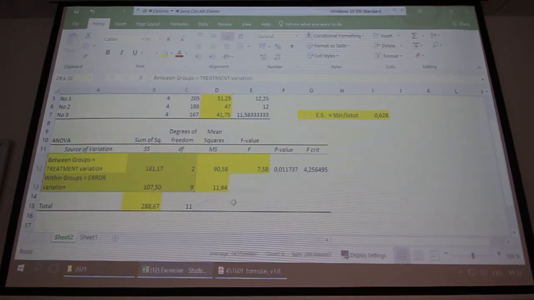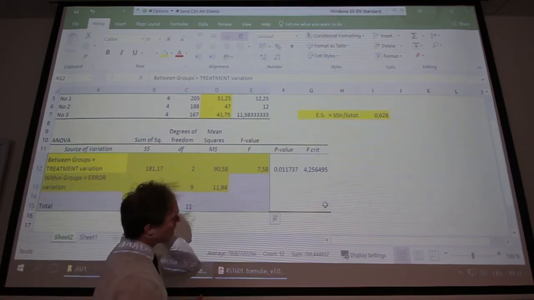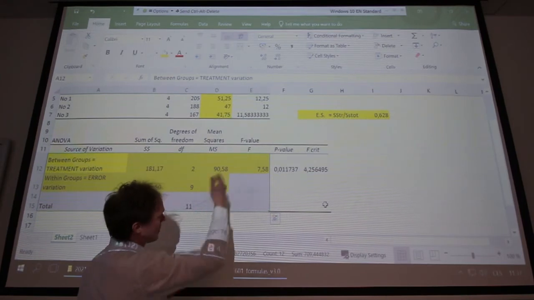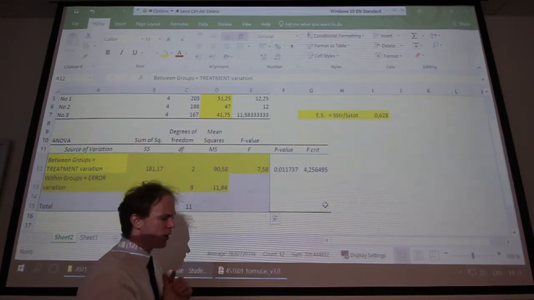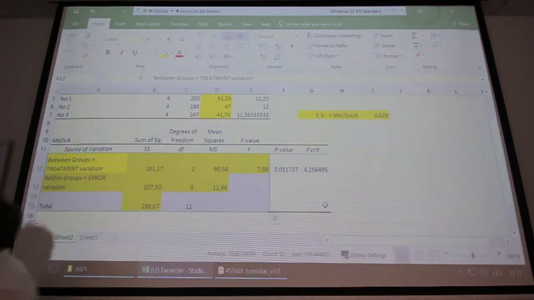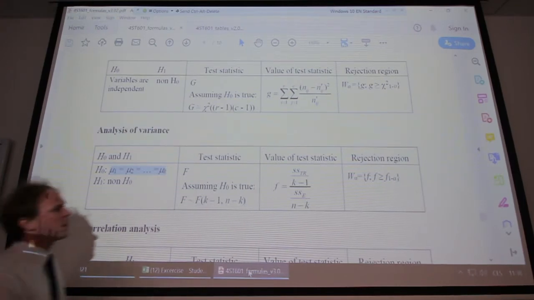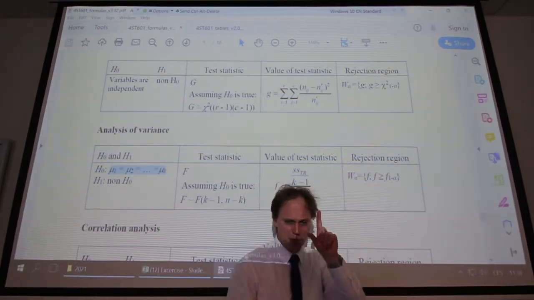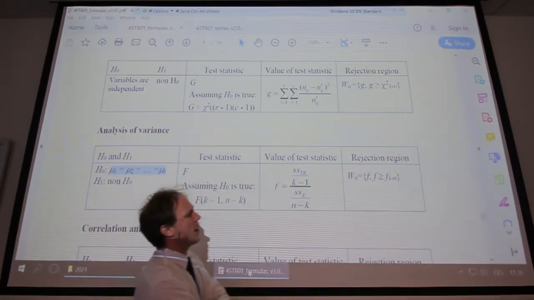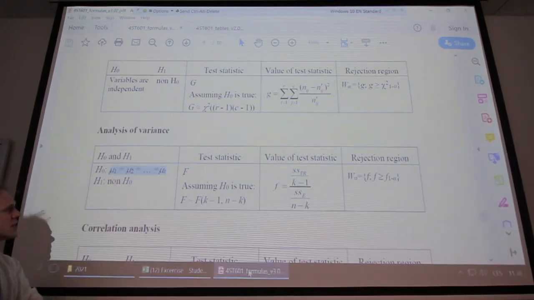This is the most important for you, and we can finish this example using statistical tables. According to the formulas, if the Fisher F statistic 7.58 is higher than the critical value F1 minus alpha, we enter the rejection region, and the hypothesis is rejected.